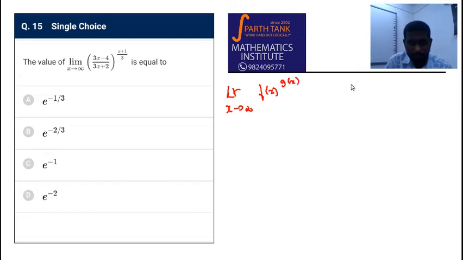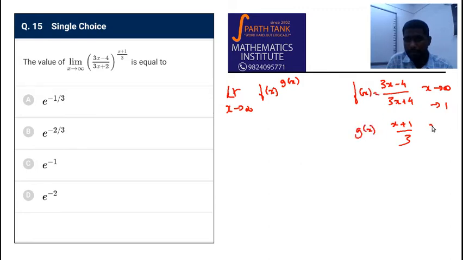But f of x, if you see, is 3x minus 4 by 3x plus 2, and as x tends to infinity, this tends to 1, and g of x is x plus 1 by 3. As x tends to infinity, this function tends to infinity. So this is of the form 1 to the power infinity.